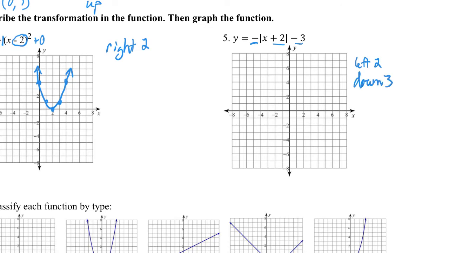And then that minus in front says it's going to flip upside down. Okay, so we go left 2, down 3, put our vertex, and then this is an absolute value because you got the bars on it. So instead of going up 1, right 1, you're going to go down 1, right 1, and mirror that on the other side. And there's your absolute value graph.